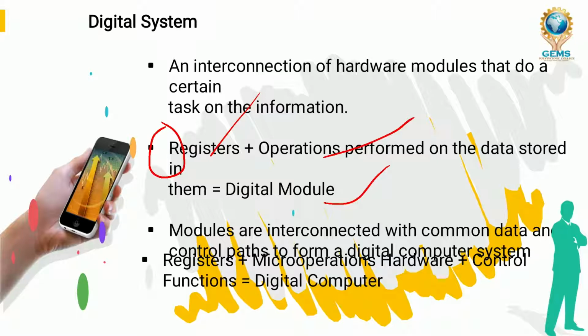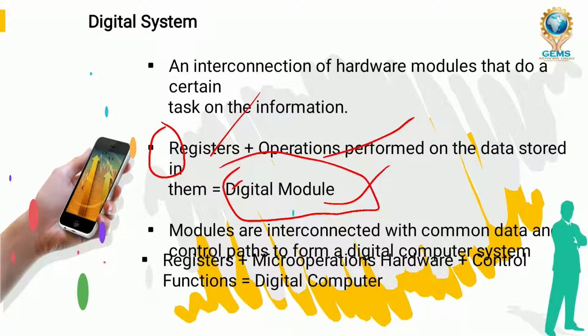Modules are interconnected with common data and control paths. Already we know that a digital module is nothing but a register that contains the data with the operations. Modules are interconnected with common data and control paths to form a digital computer system.